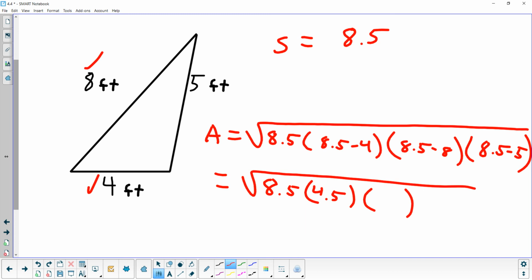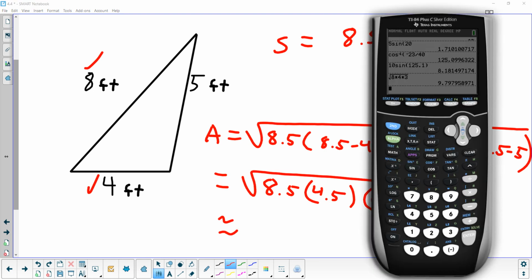Okay, how about Aiden, what's 8.5 minus 8? 4.5. Or minus 8, my bad. 0.5, yeah. And Vivian, 8.5 minus 5? 3.5. All right, let's type that in and see if we get the same answer we got last time.